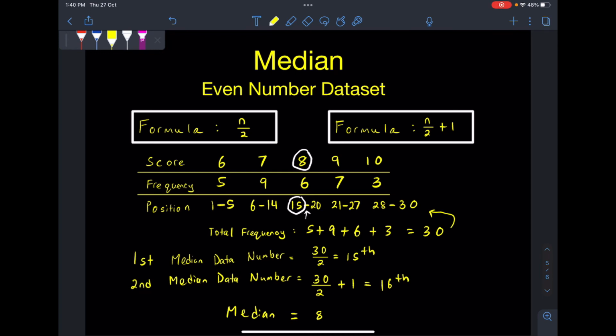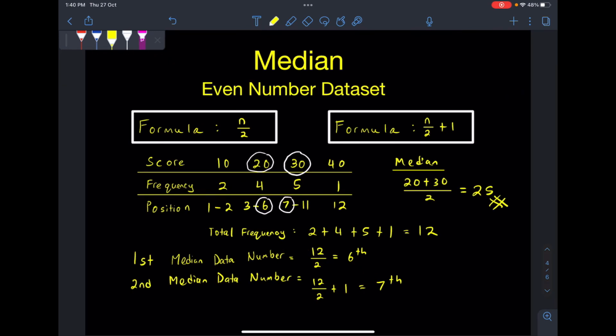So what's the difference from the previous question? This was my previous question, right, guys? So if you can see the position here, my first median data number and my second median data number were 6 and 7. They were side by side to each other. So that means you're going to get 2 scores. You're going to get 20 and also 30.